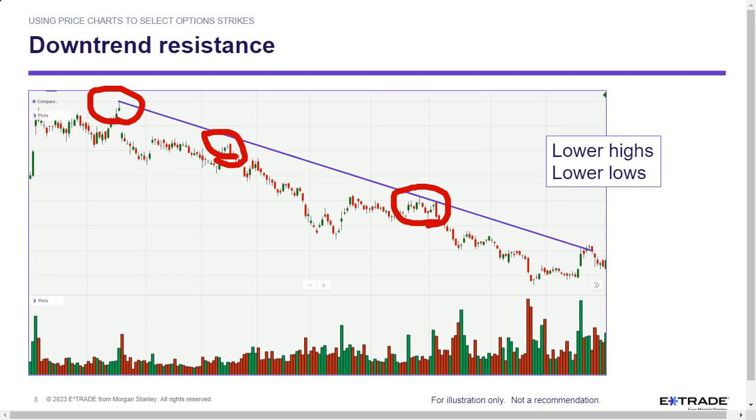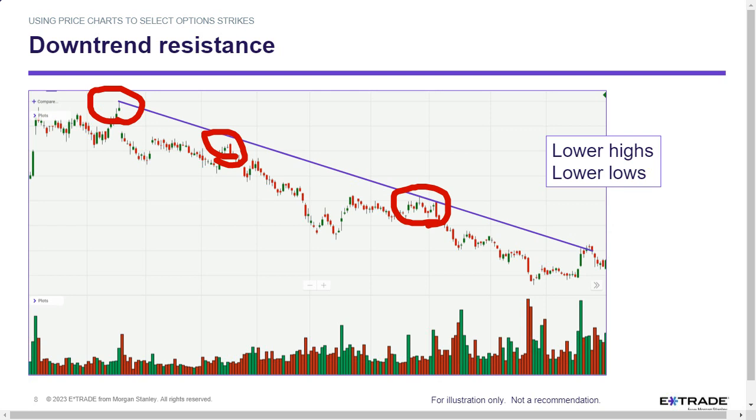Now, that's if I'm drawing the line. Sometimes I may use a technical indicator. We're going to talk about a couple of these. I may use a technical indicator to help me identify them, and then it takes the subjectivity away. Because if, for example, I'm using a moving average, which we'll get to later in the presentation, a moving average is a calculated line.